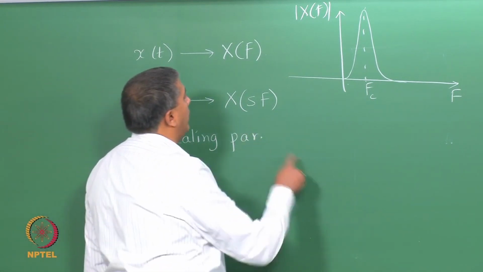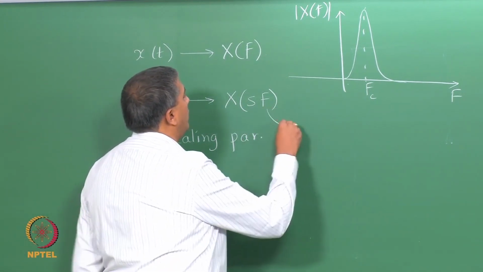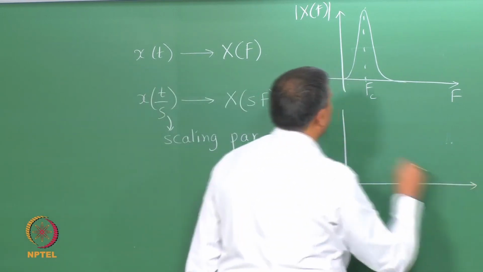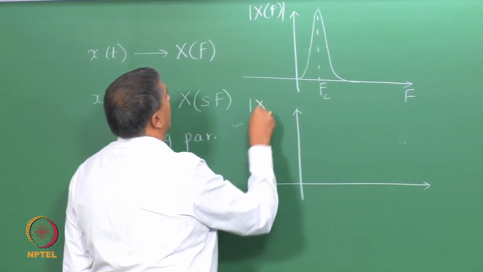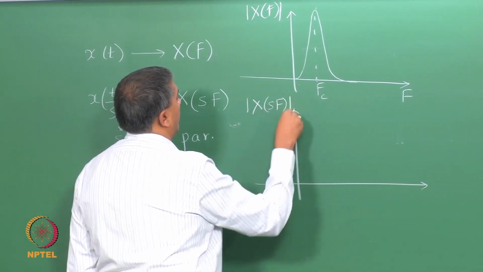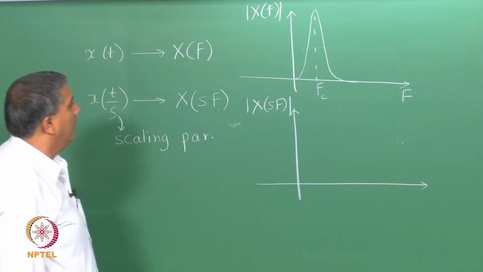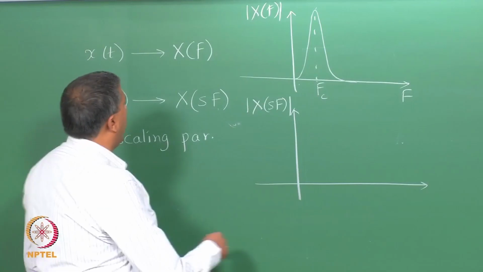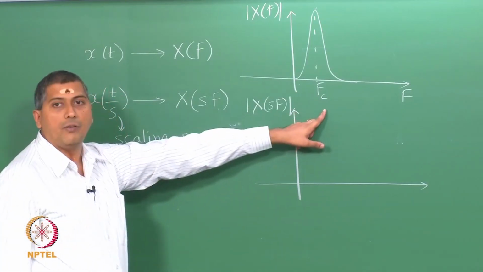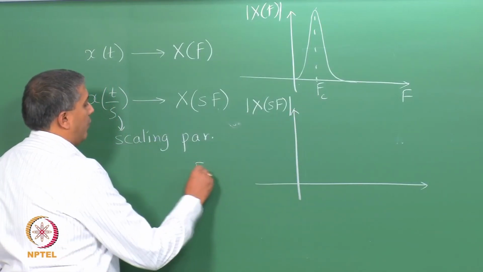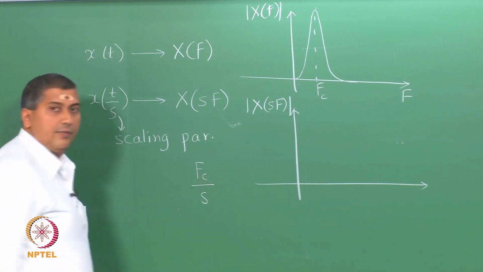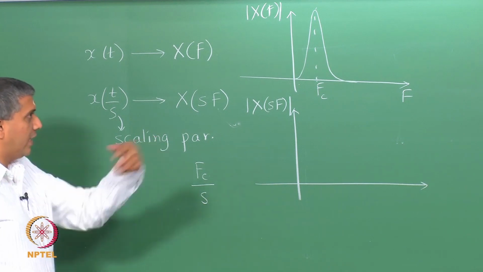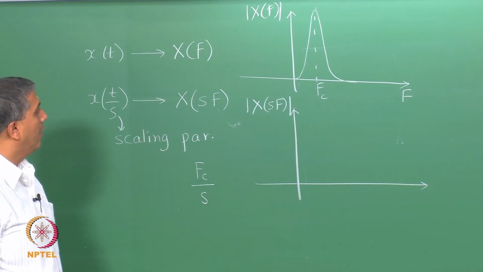Obviously, now what happens is that the center frequency of this X of s f, if I were to plot, is shifted by a factor of 1 over s. To understand this, I have the illustration later on.